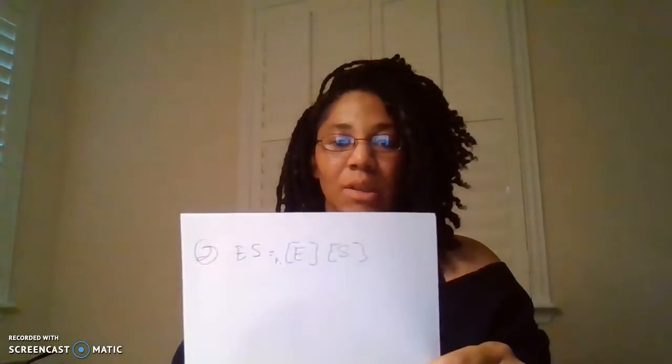Now you want to look at the rate of formation, which is basically the enzyme substrate. Then you want to look at the constant, so you will break it down: the enzyme substrate complex equals the constant K1 times the enzyme and the substrate. So you have ES equals K1 times E and S. So that's how you would see that in step two. Now you want to look at the rate of the breakdown of ES, which is step three.